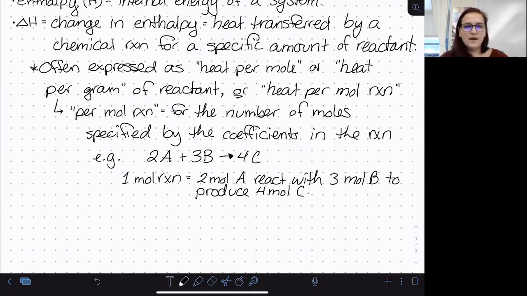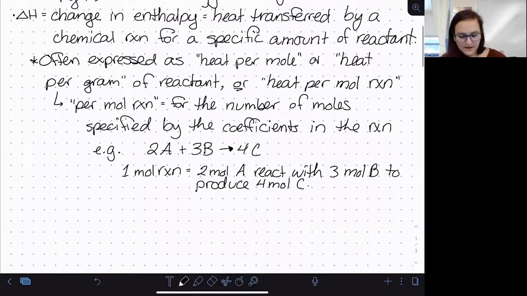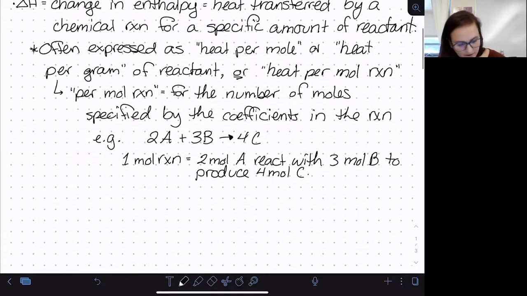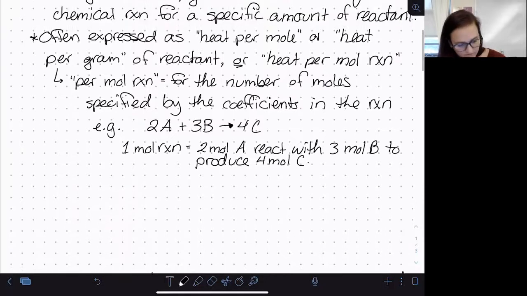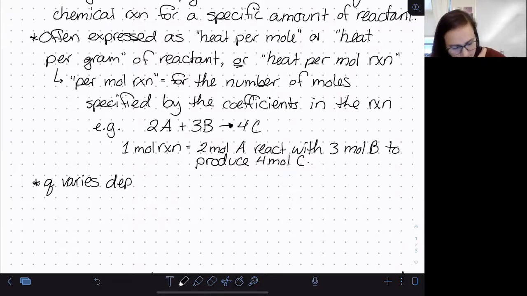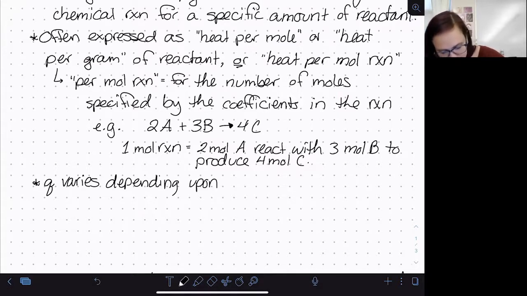So the reason why delta H is an important quantity for us is that Q, that we've been talking about, varies according to how much stuff you're reacting. So Q varies depending upon the amount of reacting material.